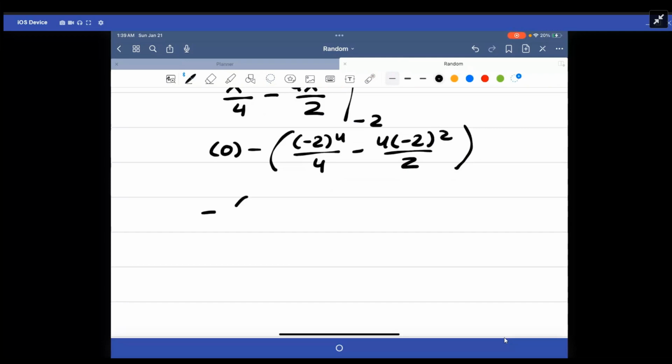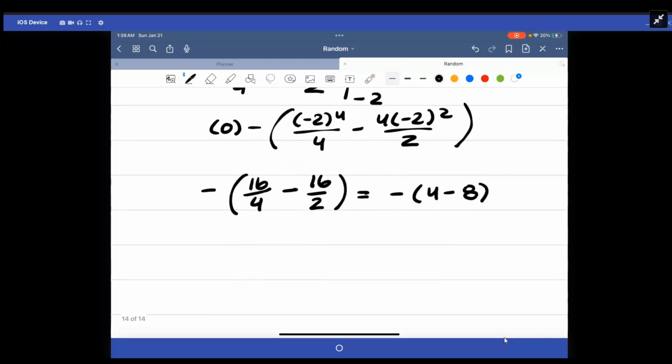So we get 2 times 2 is 4, 4 times 2 is 8, 8 times 2 is 16. 16 divided by 4, minus 2 times 2 is 4, 4 times 4 is 16, 16 divided by 2. So that's negative, 16 divided by 4 is 4, minus 8.